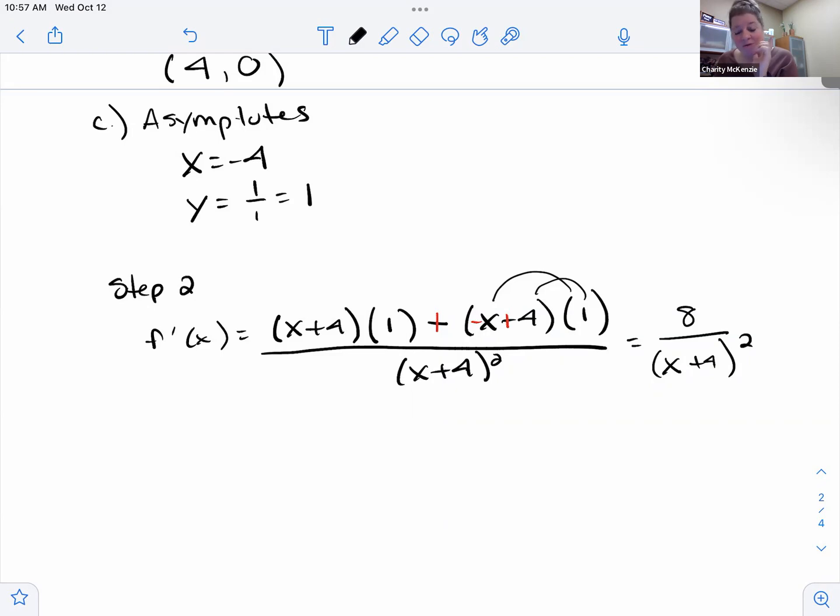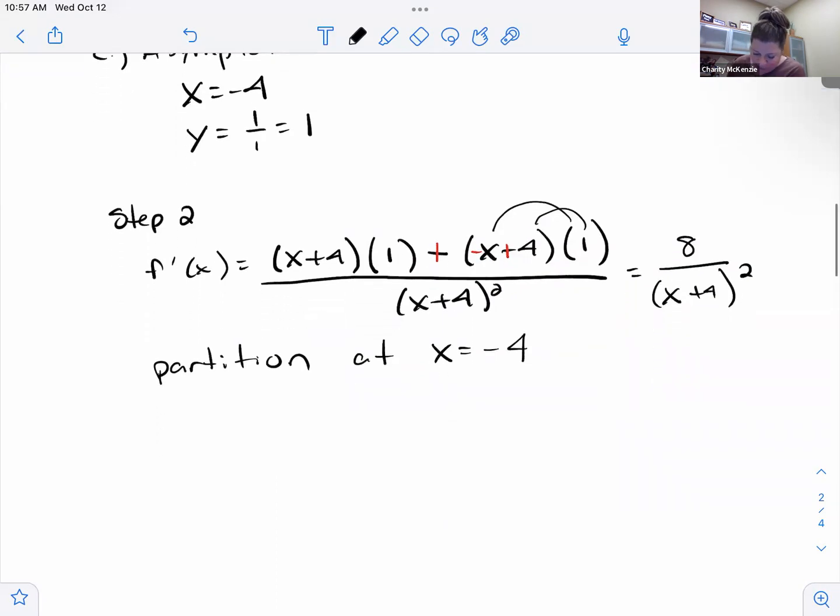That asymptote follows; we can't get a -4 here. It will follow the second derivative as well. So we cannot have x equals -4 in our domain or in this whole entire problem. So we have a partition number at x equals -4, and now we need to find if there are any critical values.